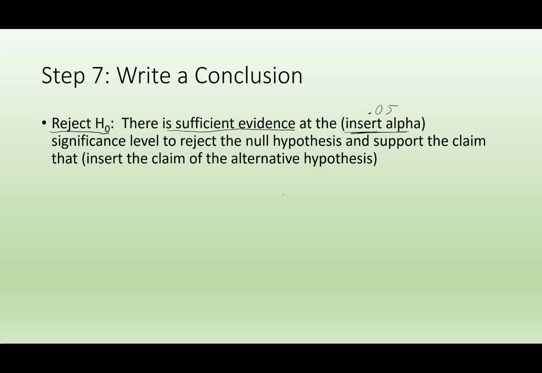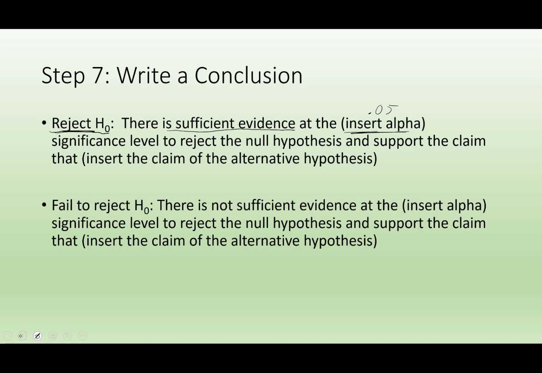So whatever we were trying to show is what we would want to describe in there. That is if we are allowed to reject. So if we can reject the null, which is saying the null was not true, our alternative that we are supporting must be true.